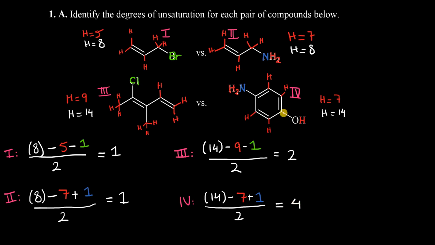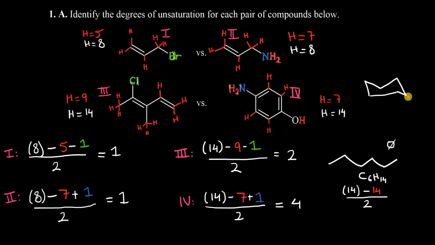Ring structures constitute 1 degree of unsaturation. Let's see why. In the case of straight chain n-hexane, the degree of unsaturation here would be 0. But if we look at cyclohexane, which looks like this, all of these carbons are secondary, which means they have 2 hydrogens each.